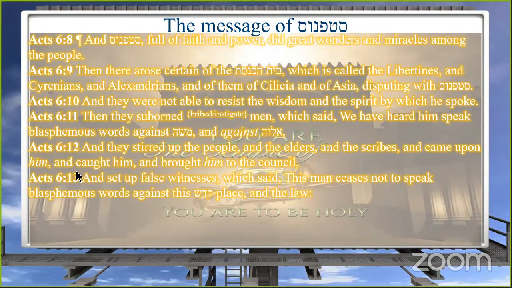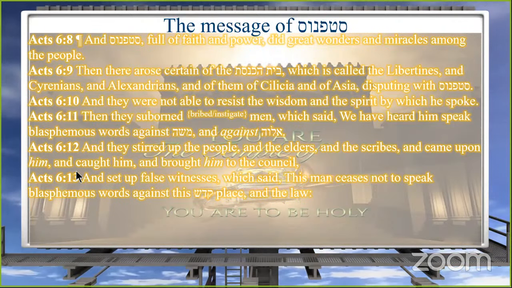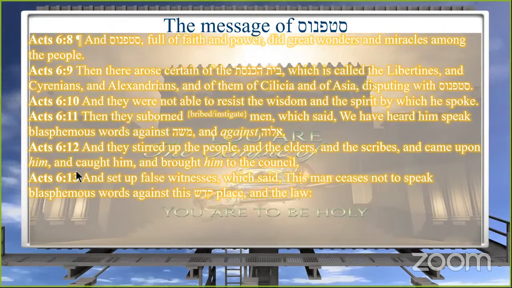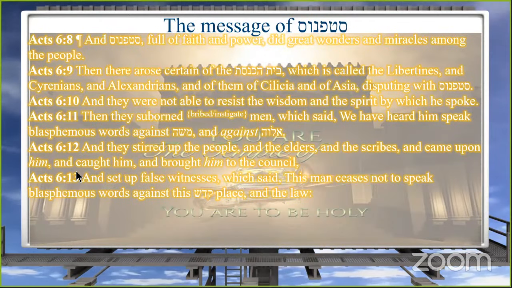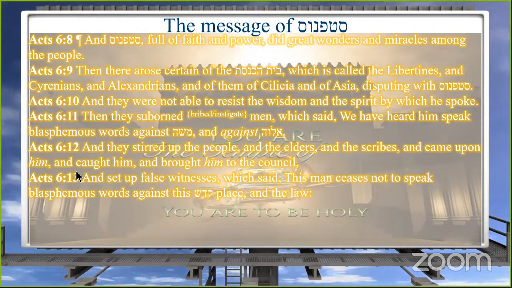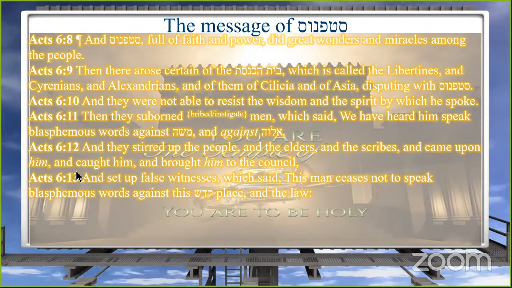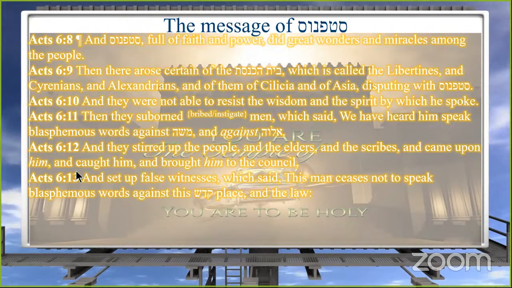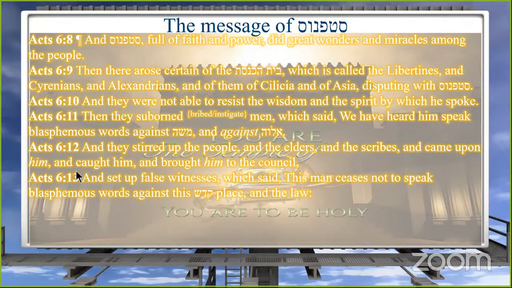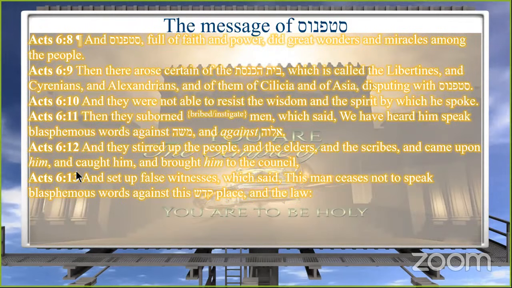What were they doing? Disputing with Stephonos, right? Now, mind you, what does he have? Full of faith and power and great wonders, and these ones that are libertines, that liberal, they want to dispute with him. So he has the spirit, but I want to challenge that.